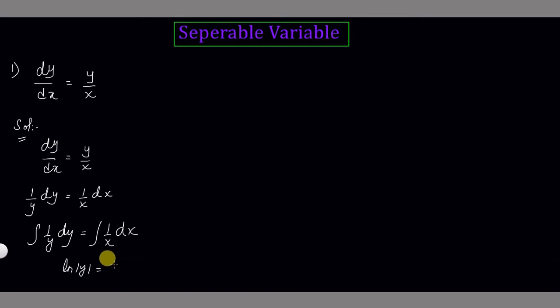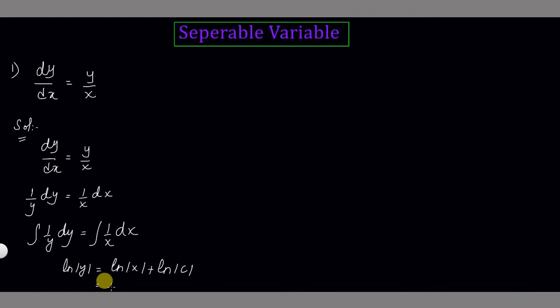Integration of 1 over x will be natural log of x, plus, now there are two options. You can use only the constant of integration c, or you can use the constant of integration in this way, like natural log of c. Why are we using ln c over here?